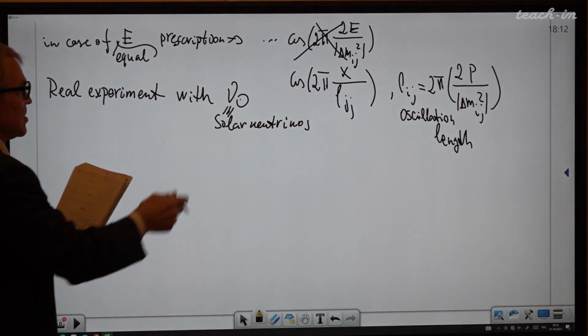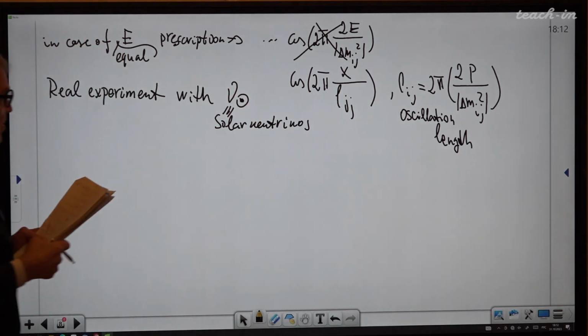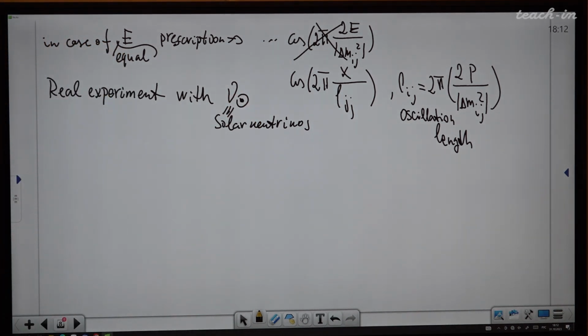I just recall this notation: nu with a ring with a dot inside indicates the neutrino from the sun, or solar neutrinos.